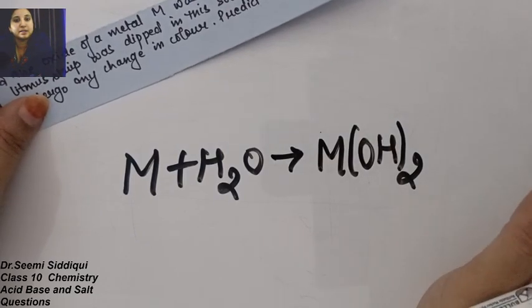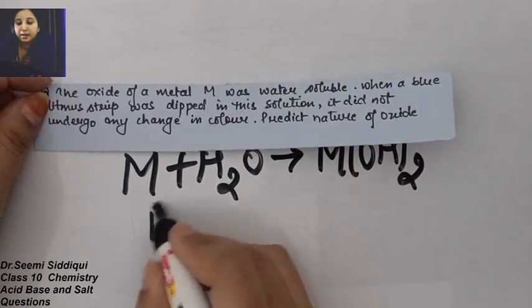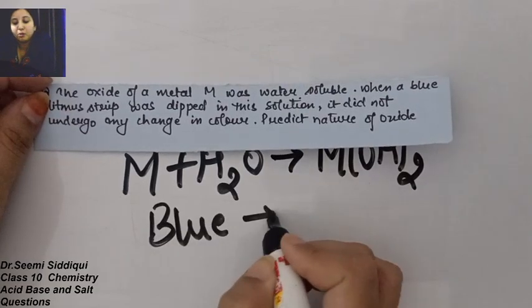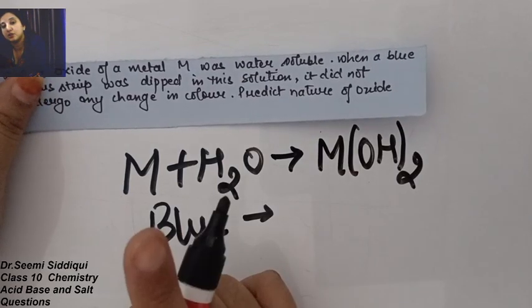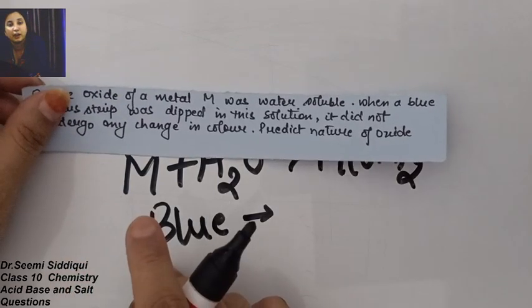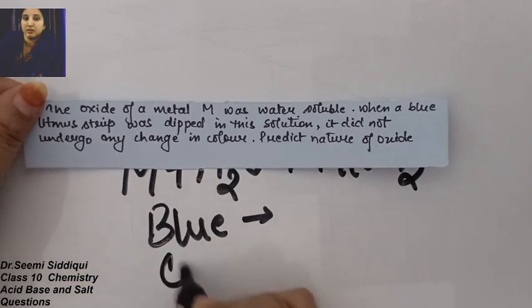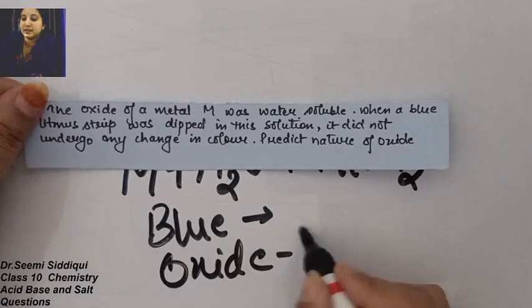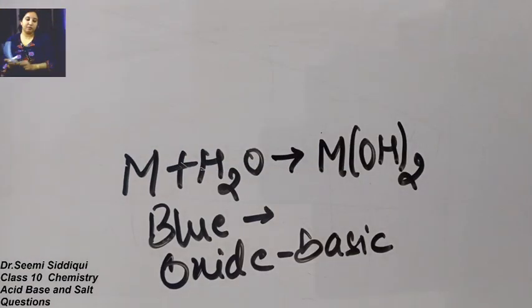I am not balancing the equation right now. Clear? Now it is saying dipped in blue. Blue changes into red when it is acidic in nature, but it is not changing to red. So therefore your oxide is basic in nature. Clear?